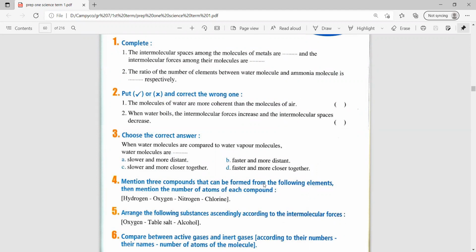The ratio of the number of elements between a water molecule and an ammonia molecule is... the ratio of the number of elements. How many elements are found in water? You know? 3. Okay, and the ammonia?